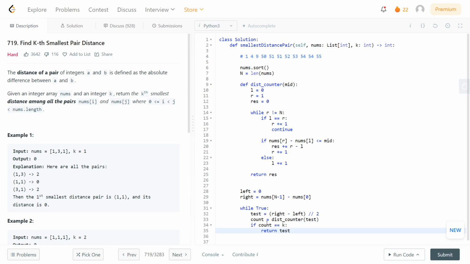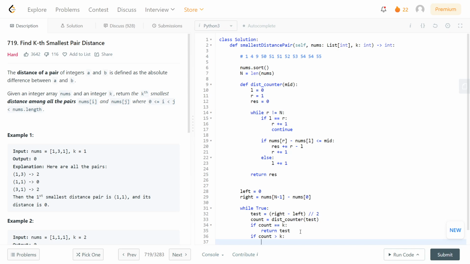And if it's not, we need to check if count was greater than k. Then I need to update.